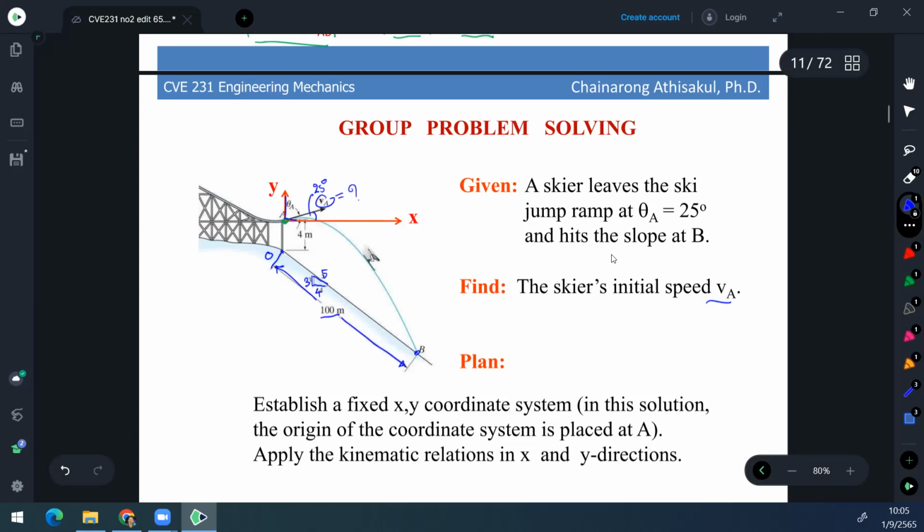So if we set up the axis like this, then for the projectile motion, we know that in the horizontal component the particle is moving with constant velocity, and the vertical component is moving with constant acceleration minus g.